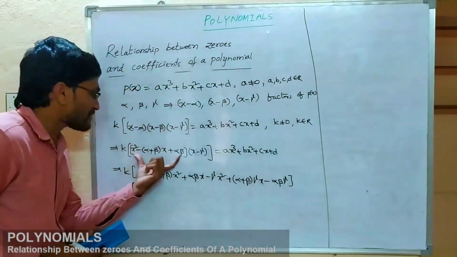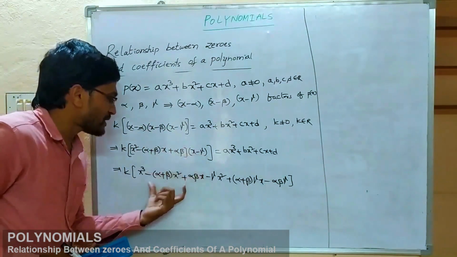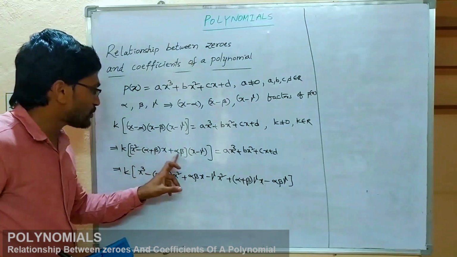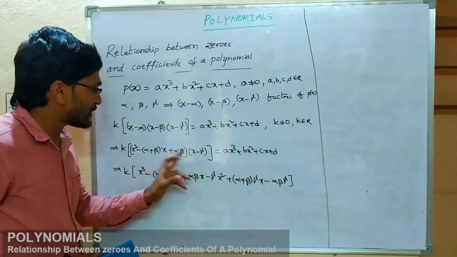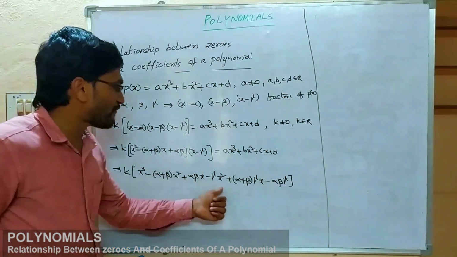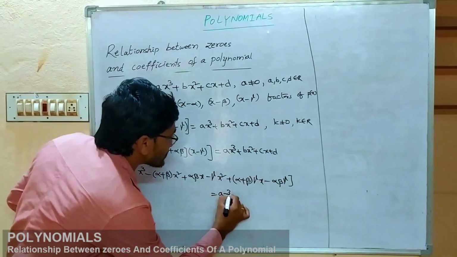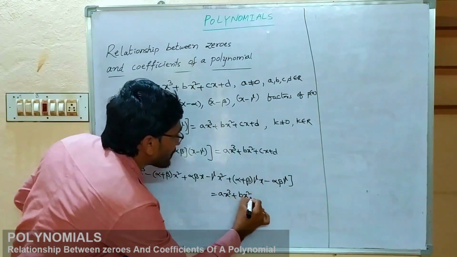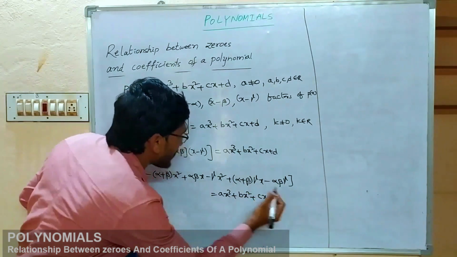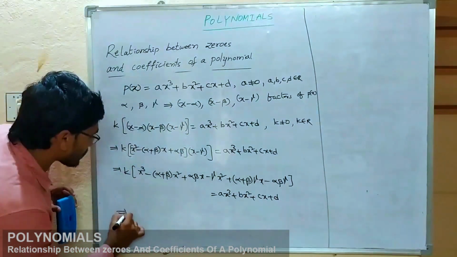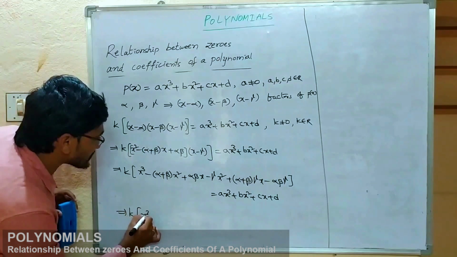So now multiply these terms by these terms, then we get here 1, 2, 3 into 2, 6 terms: 1, 2, 3, 4, 5, 6 terms we got, which is equal to ax cube plus bx square plus cx plus d. Next, this implies k into x cube.